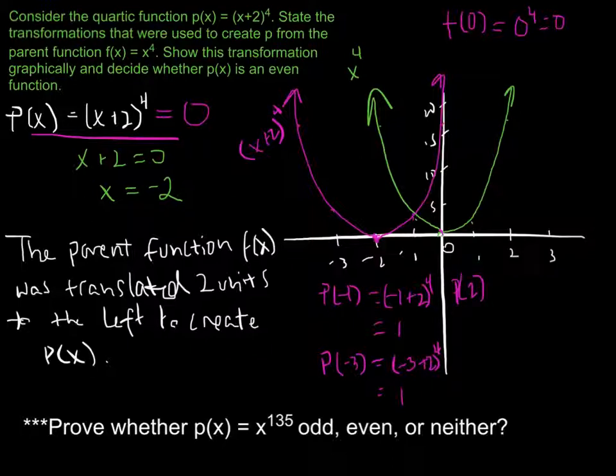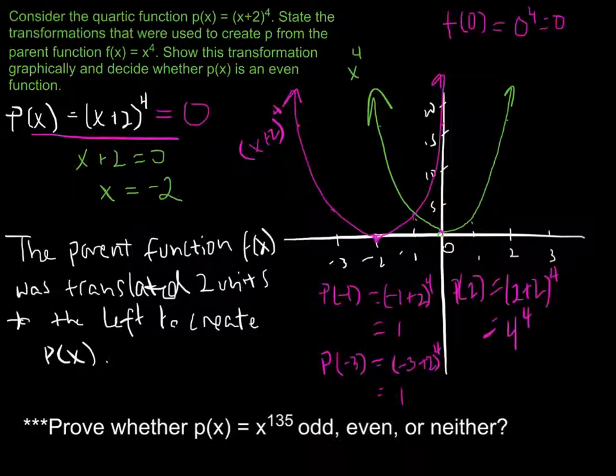P of 2 is 2 plus 2 to the fourth, which is 4 to the fourth. What's 4 to the fourth? Well, 4 times 4 is 16, times 4 is 64, times 4 is 256. So certainly, if I plug in -2 and I plug in its opposite, +2, I'm not getting the same value.